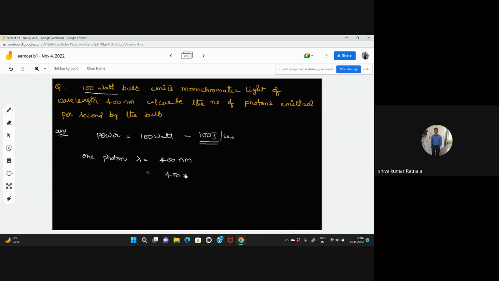From that, the energy of one photon can be calculated: E equals hc by lambda.